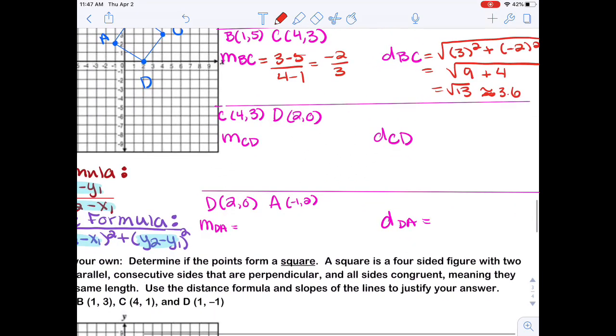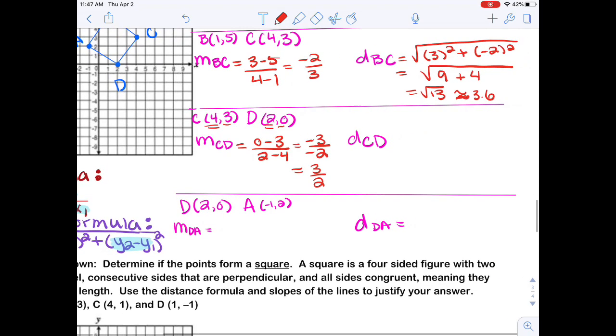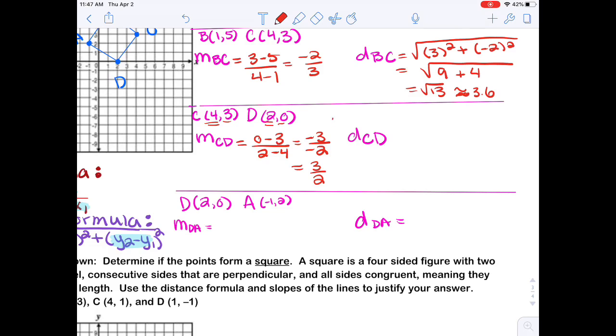Okay. So the slope, y2 minus y1, so I would say 0 minus 3 over 2 minus 4. So here I would get negative 3 over negative 2. So the slope here, a negative divided by a negative, would reduce to a positive 2/3. So before you reduce, because this represented y2 minus y1, and this represented x2 minus x1, those are the numbers we're going to want to use for our distance formula.